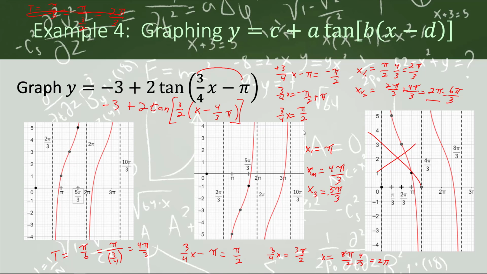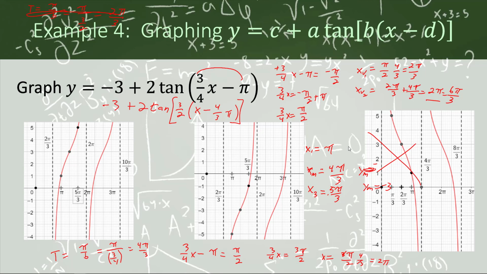At the midpoint, the tangent is going to be equal to 0. Multiply that by 2, you still get 0. Subtract 3 from that, we have that the midpoint at y is equal to -3. Okay, the value at the first quarter, well, that's going to be the tangent of negative pi over 4, my apologies.